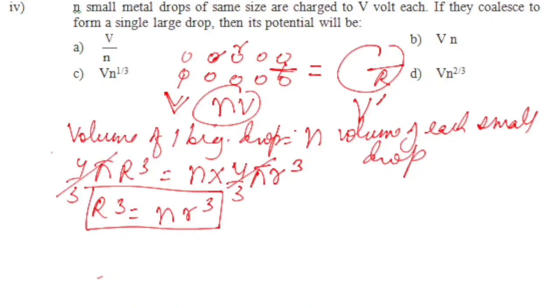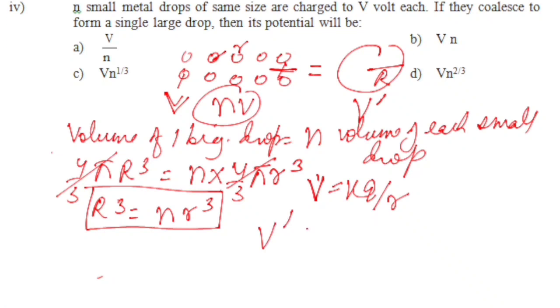Now, it is given that potential of each small drop is V, each having charge q. So potential of each small drop is V equals k q by r. This is the potential of each small drop. Now you have to calculate V dash, the potential of the bigger drop.